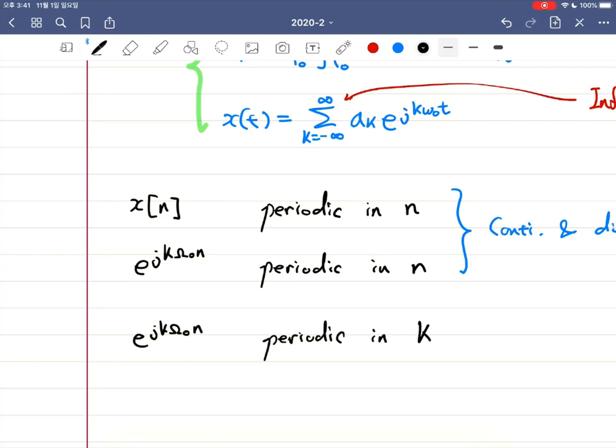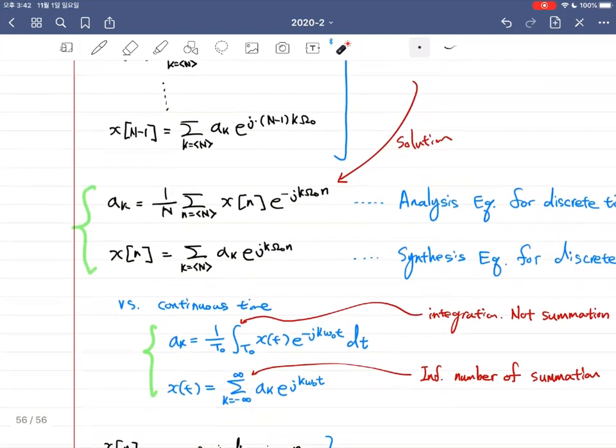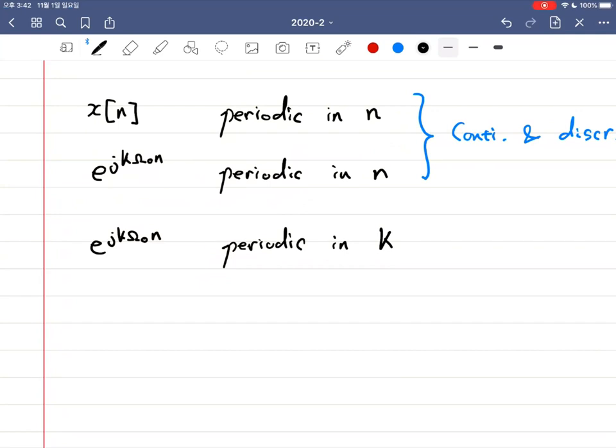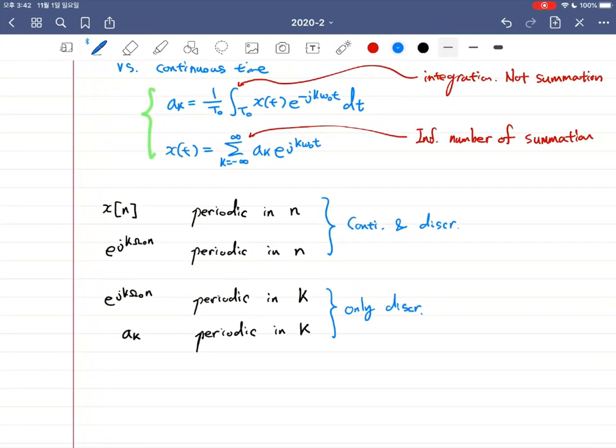But this property only belongs to the discrete time case. Because of this, this a_k is also periodic. This is the property that you have not witnessed in continuous time. So this is also periodic with respect to k. You have to see the difference between n and k. These two are only for discrete time. I really wanted to point that out.